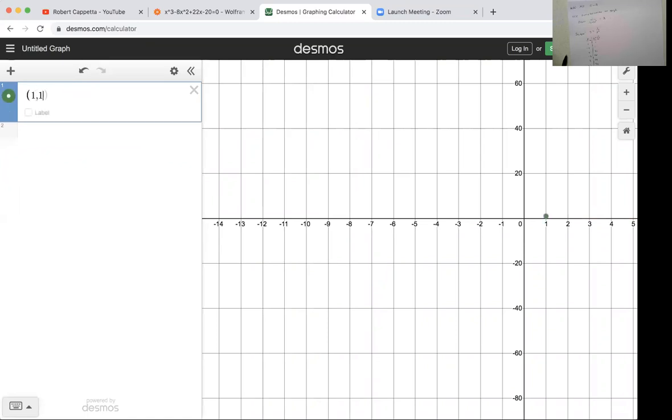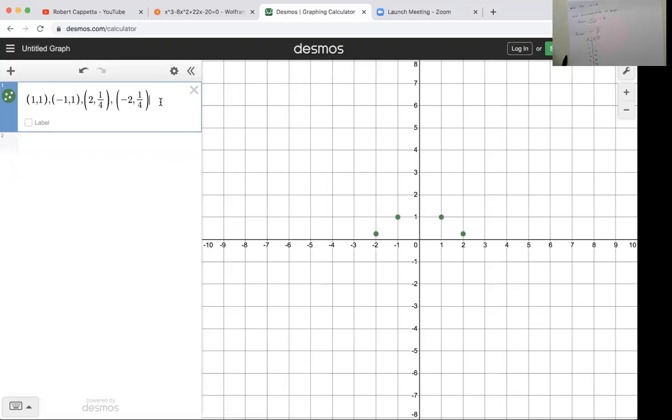We get 1 comma 1, negative 1 comma 1, 2 comma a quarter, negative 2 comma a quarter. And my window is no good here. Let's go back to the home window. And then we're going to have 3 comma a ninth, and negative 3 comma a ninth.